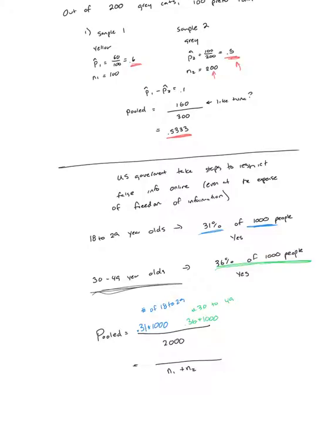After I find those two numbers, next thing I'll do is I'll go ahead and add them. Let's use this to go ahead and come up with a formula. I took 31%. That'd be the same as saying P2 hat times N2 plus P1 hat times N1, and dividing it all over N1 plus N2.